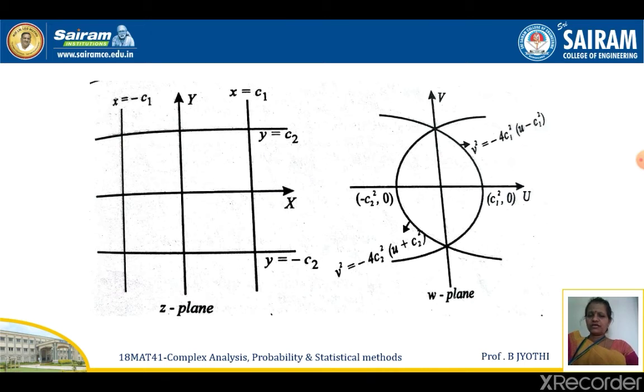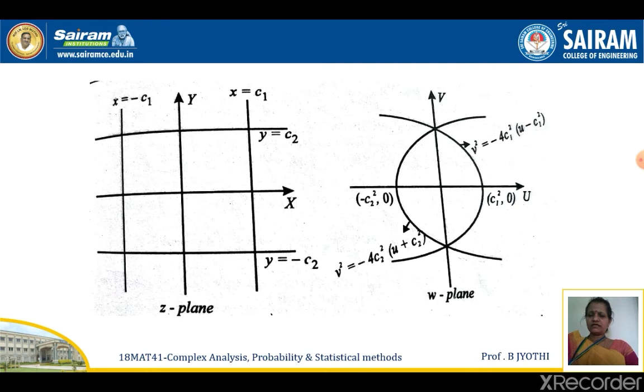Now we can see in the diagram when x is a constant, that is C1, we are getting a parabola, and when x is a negative constant, then also we are getting a parabola. And when y is a constant, again we are getting a parabola which is symmetrical about the real axis.